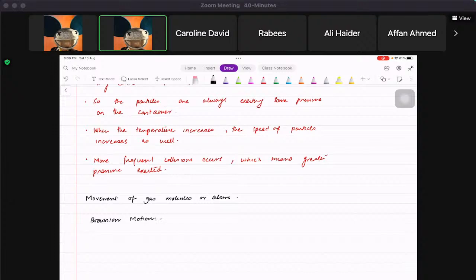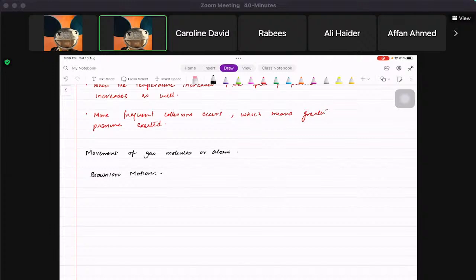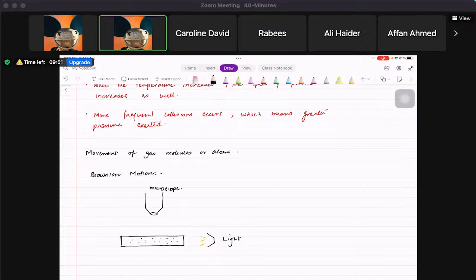What he did was he put in a container air particles and some smoke particles, which are of course microscopic. So he also used a microscope to look at them, and he also put a light source.